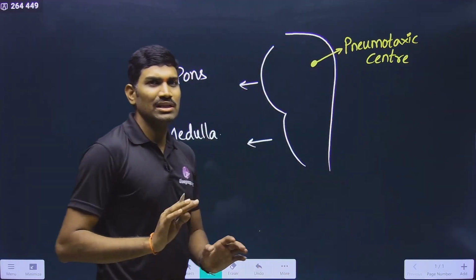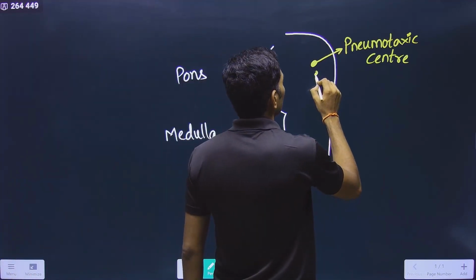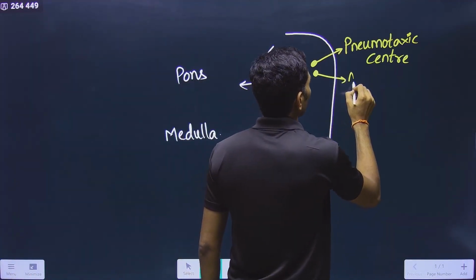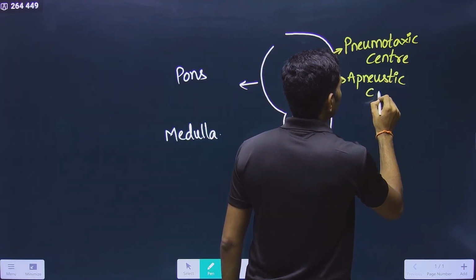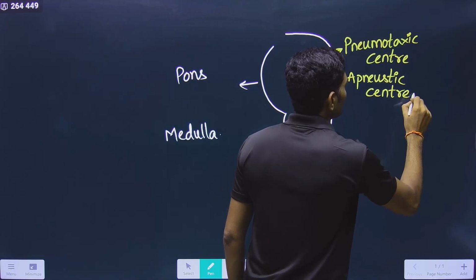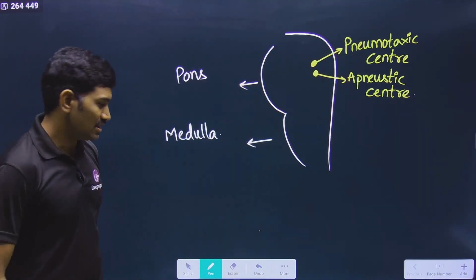This name was mentioned in NCERT, and now I am writing another name not mentioned in NCERT. There is another center called the apneustic center. So these are the two things that we are studying in the pons region.